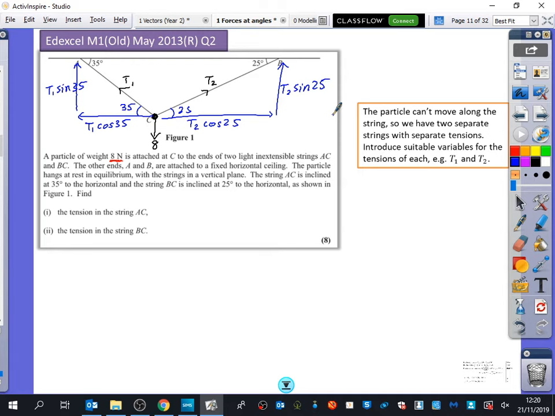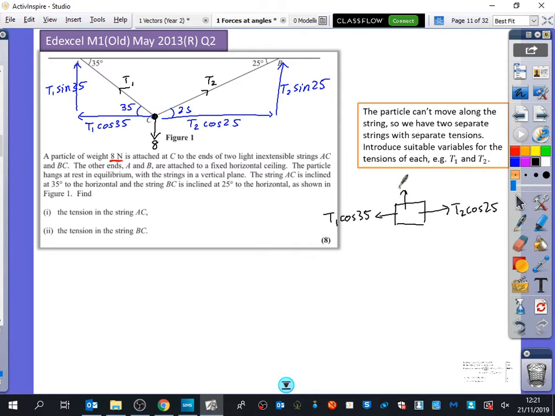Would T1 cos 35 equal T2 cos 25? Good. I'm actually still going to do my extra diagram, but what you've said is completely true. I'm going to do my extra diagram where I have T2 cos 25, T1 cos 35. Very easy to make mistakes with these numbers here.